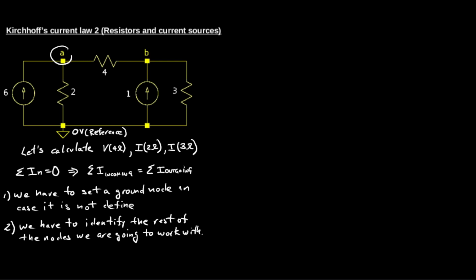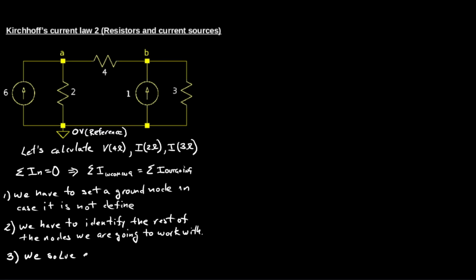This is node A, as I'm pointing right now, and node B, because the lower right node of the circuit is the same as my reference node, because it is connected by means of a wire. So I only have two nodes to solve.